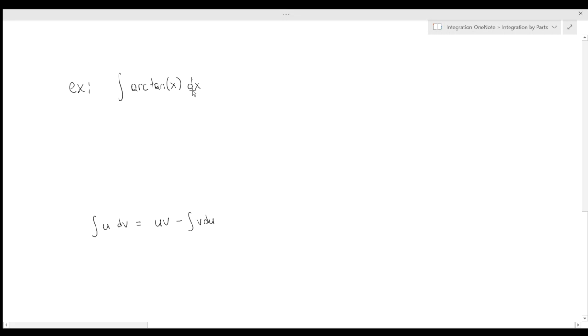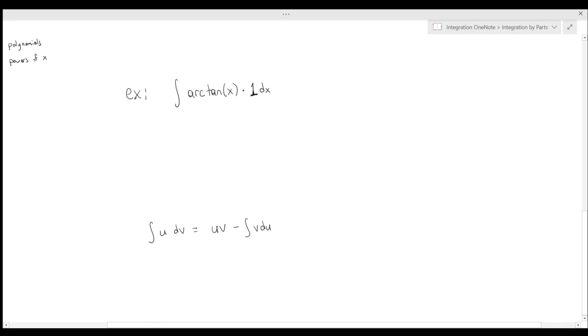But you can always pretend that inside this integral, that's arctangent of x times 1 dx. So even if you just have one thing in your integral, you might be able to use integration by parts anyways. So let's try to use integration by parts on this.